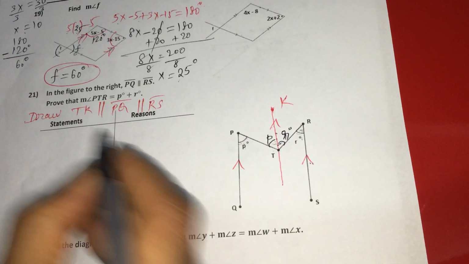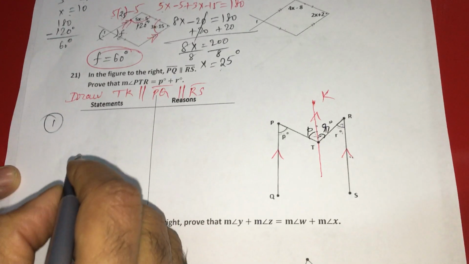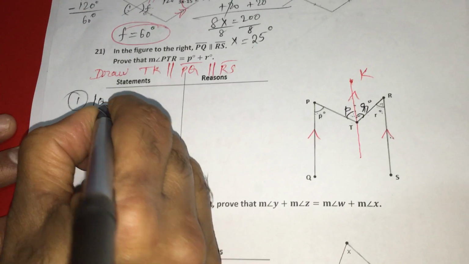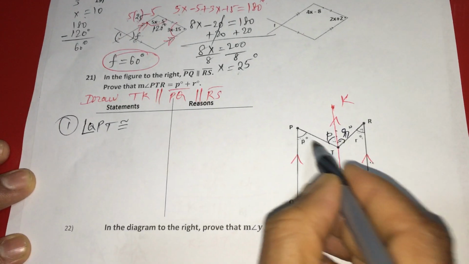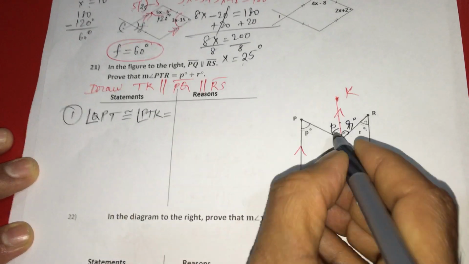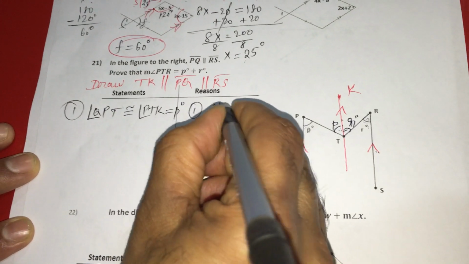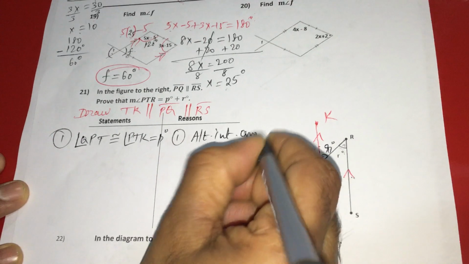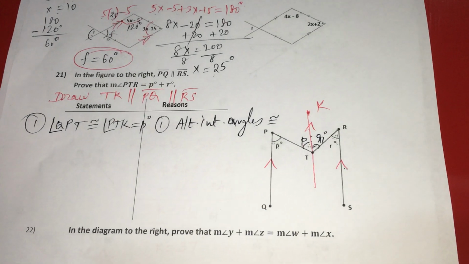But for that, how do we write the steps? See here, I am writing directly angle QPT is congruent to angle PTK, which is equal to P degrees. The reason is alternate interior angles congruent. That is the reason for the first one.